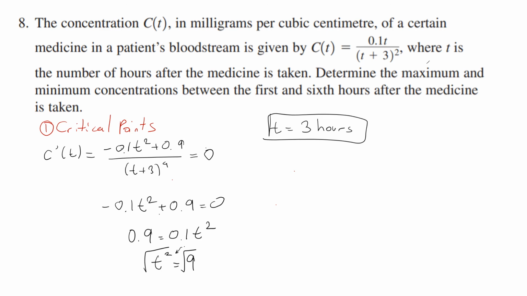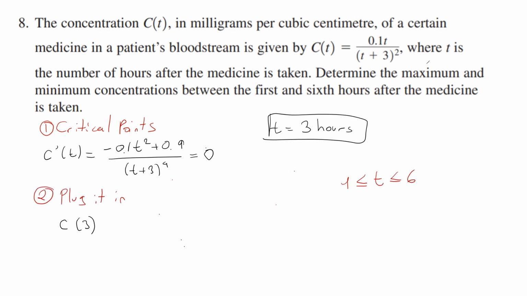Now my second step will be to plug that in. I'm going to plug in my critical point, but also I know my endpoints from here, so I will also plug in my endpoints, which are 1 and 6. I'm just going to go ahead and plug that into my calculator, into the original function.